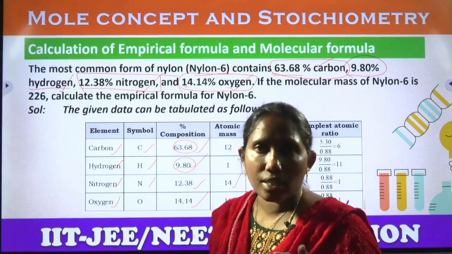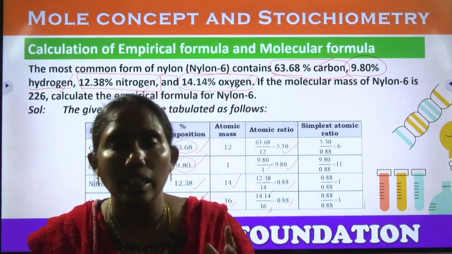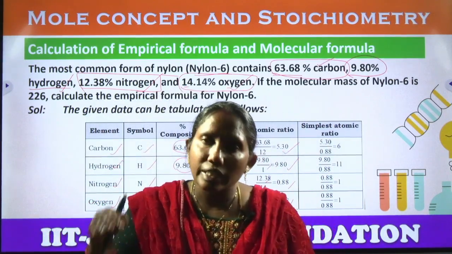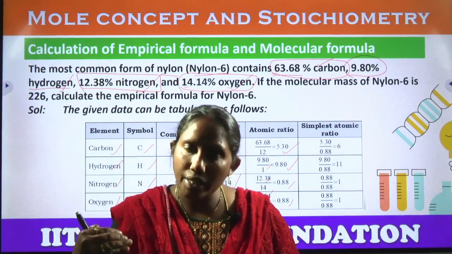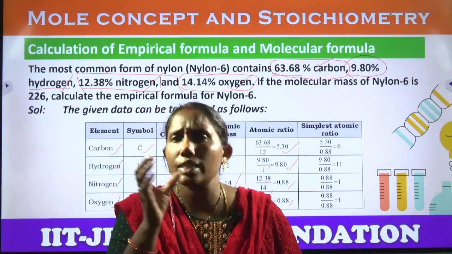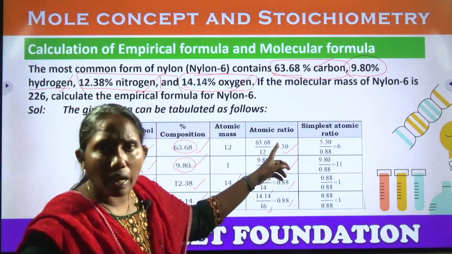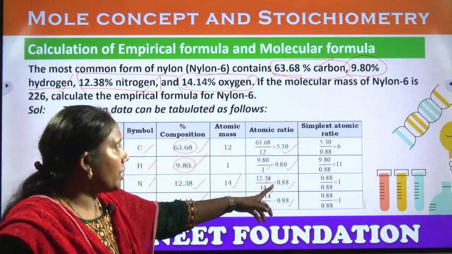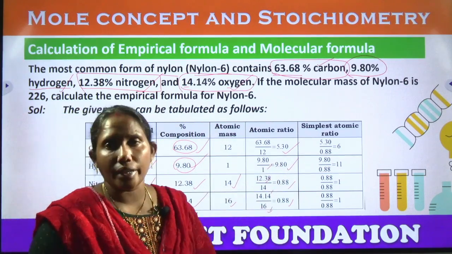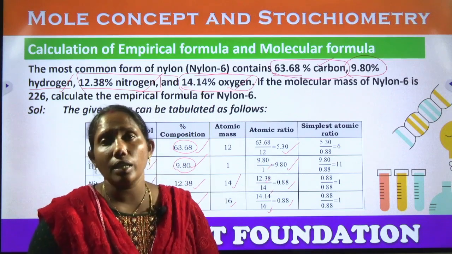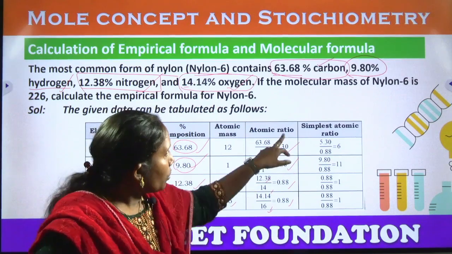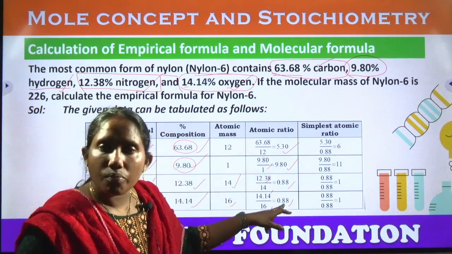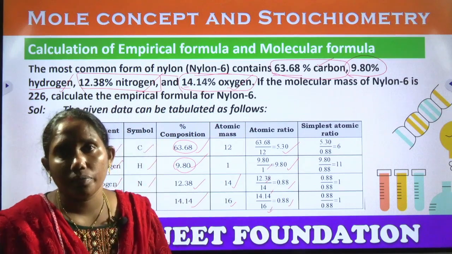What is the second step? The first step to calculate the empirical formula is the given percentage by its atomic mass. Then you will get numbers like 5.30, 9.80, 0.88, 0.88. The second step is: out of these atomic ratios, which is the smallest one?